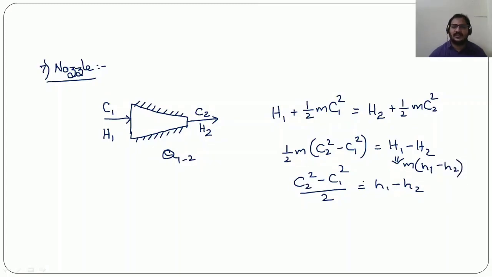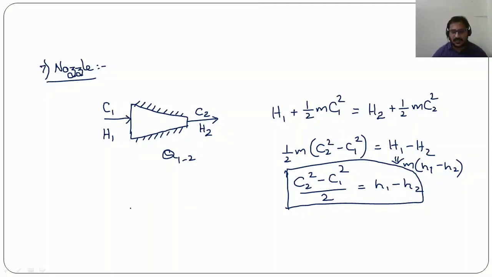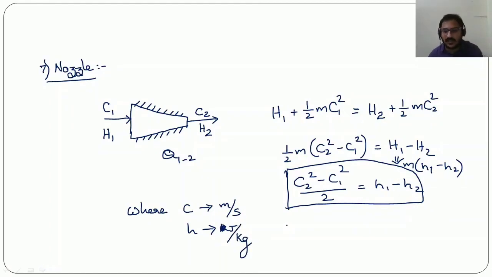So mass gets cancelled on either side, and you can write the nozzle equation like this: c2 square minus c1 square by 2 is equal to h1 minus h2, where the velocity is in meter per second and enthalpy is in joule per kg, not kilojoule per kg. It will be in terms of joule per kg.